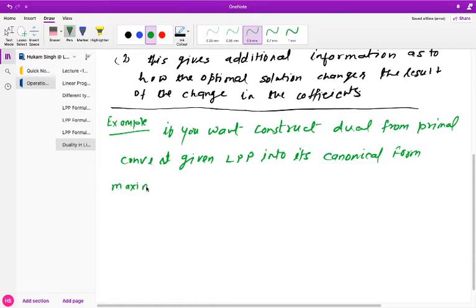maximize z equals c1 x1 plus c2 x2 plus dot dot cn xn subject to the constraints.